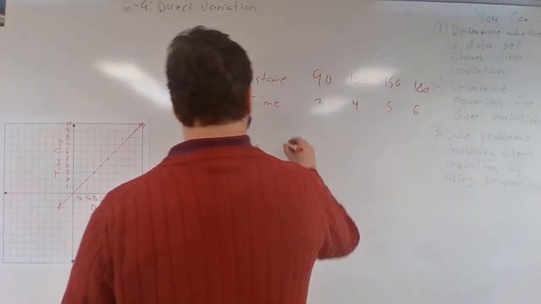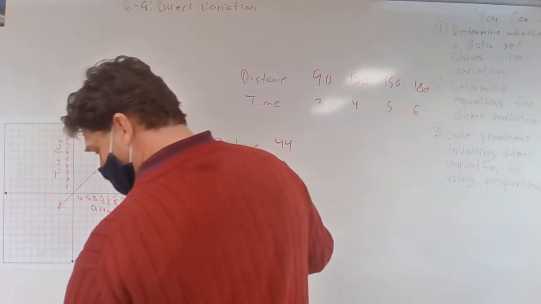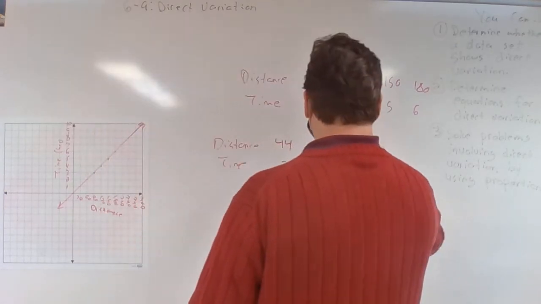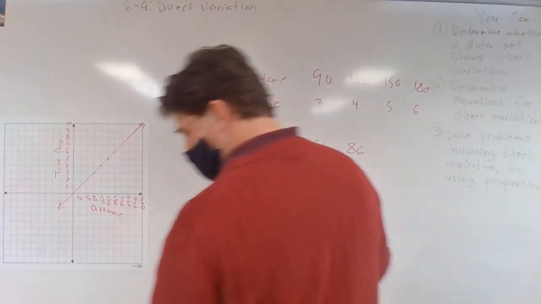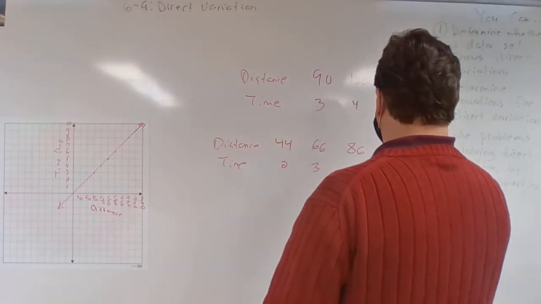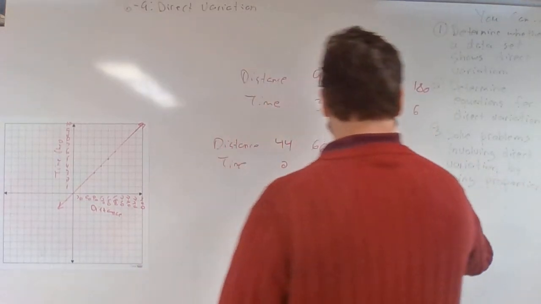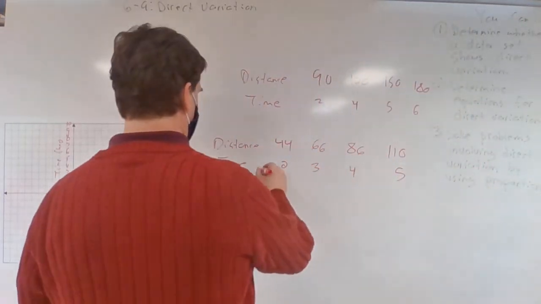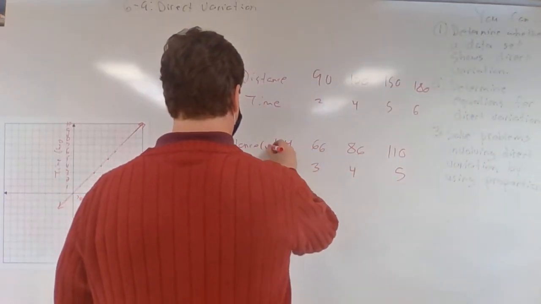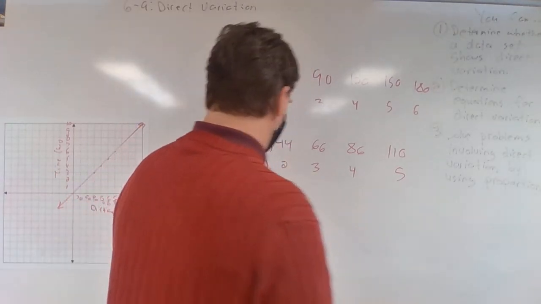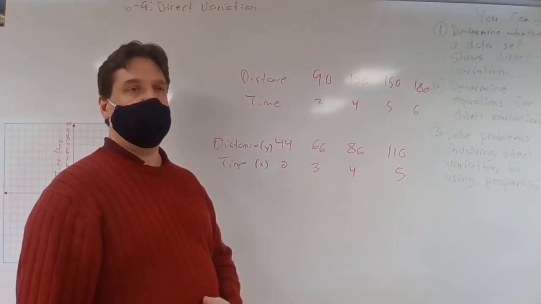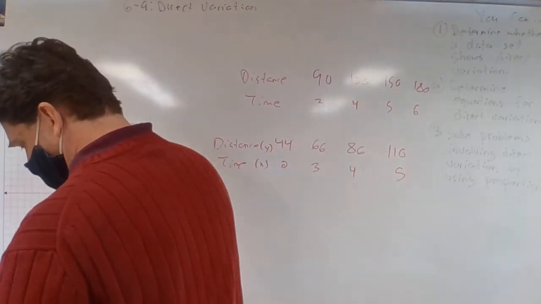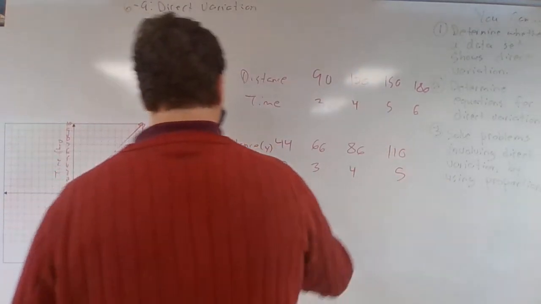Distance, 44 miles in 2 hours, 66 miles in 3 hours, 86 miles in 4 hours, and 110 in 5 hours. So this one we'll make backwards here. We're going to call time X. We'll call distance Y. So I need to figure out direct variation.